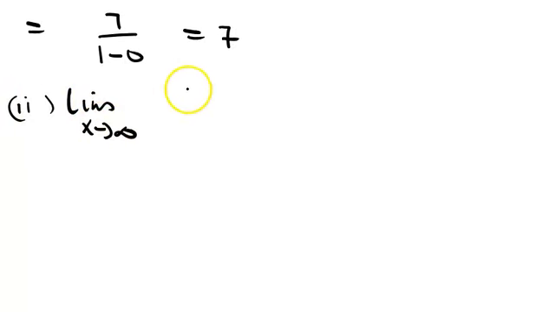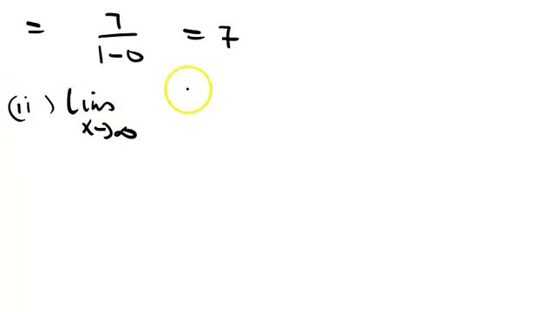So the limit as x tends to infinity of x over x squared, over x squared over x squared minus 1 over x squared. So at the numerator we have 1 over x, and the denominator is 1 minus 1 over x squared.